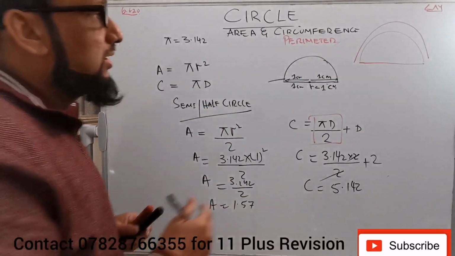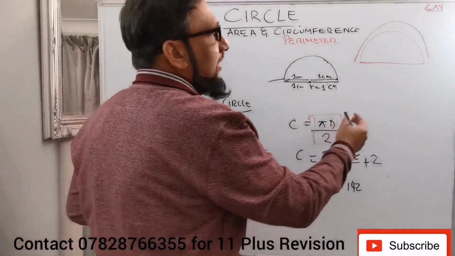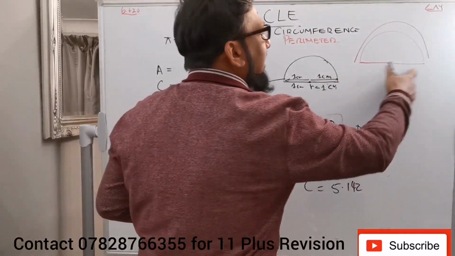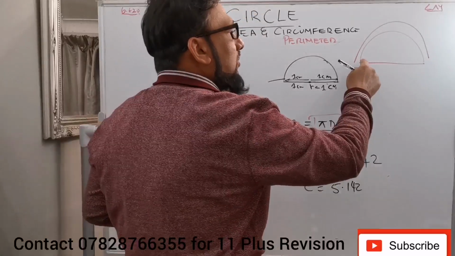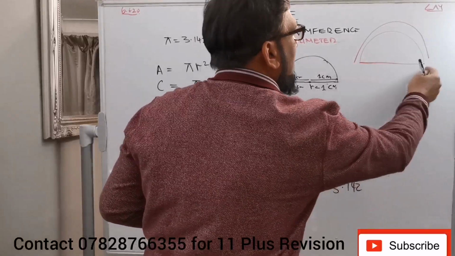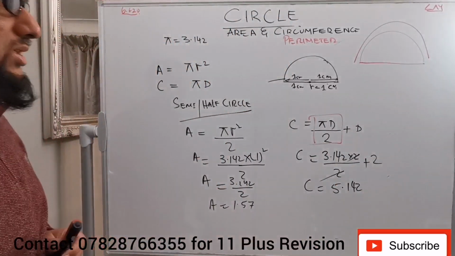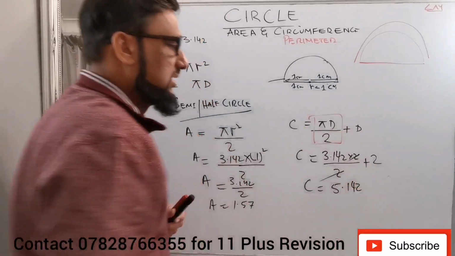If we halve the circle, we need to add the distance across the circle, from one point to another point, which is D. So just divide by 2 and plus D.